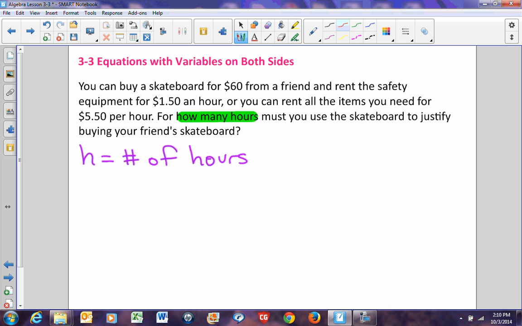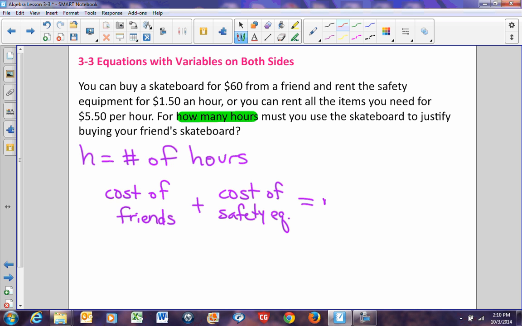I know the cost of my friend's board plus the cost of the safety equipment has got to equal the rental of all the equipment times the number of hours.